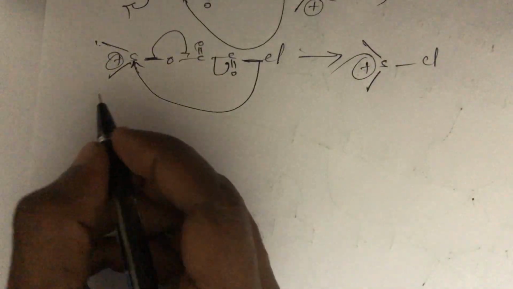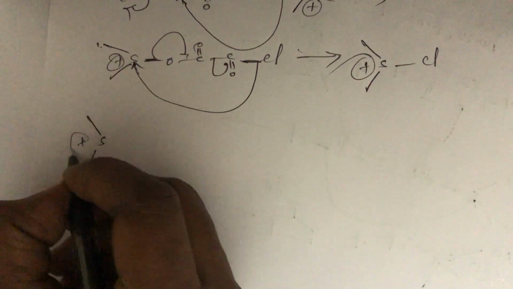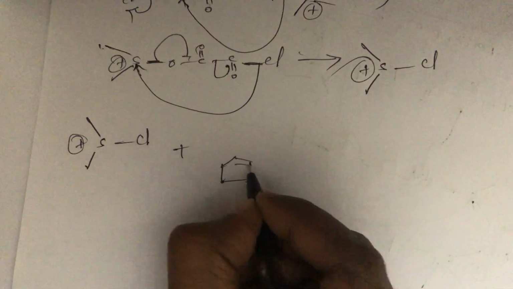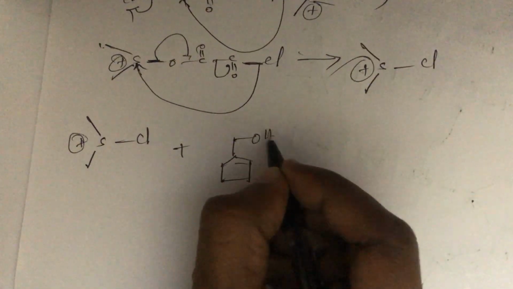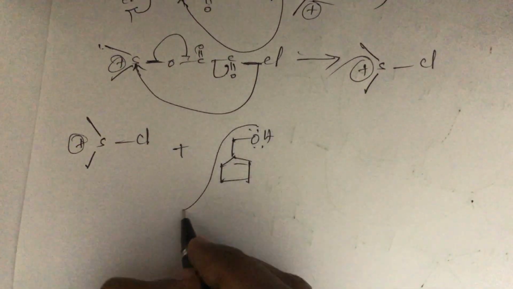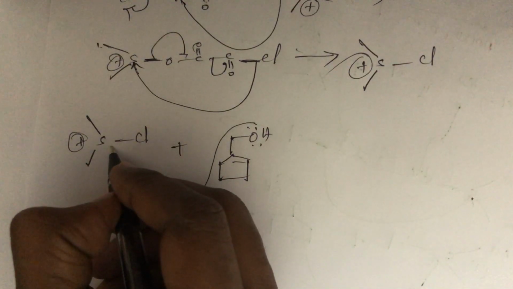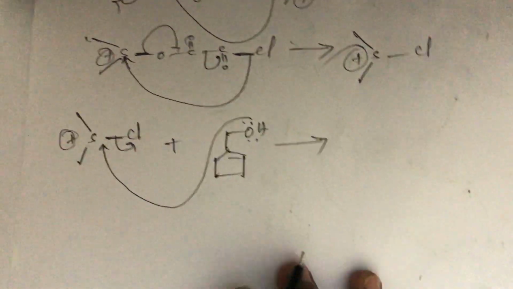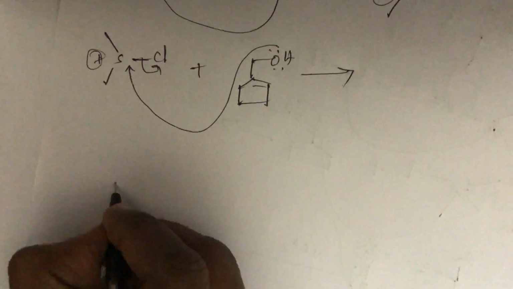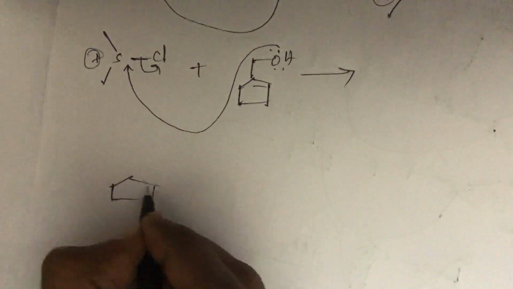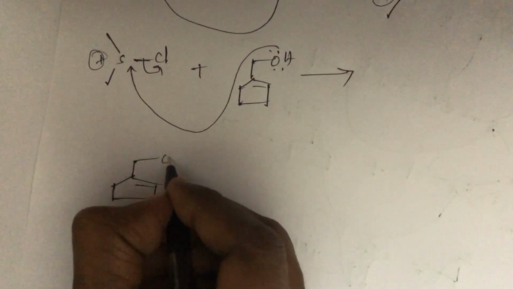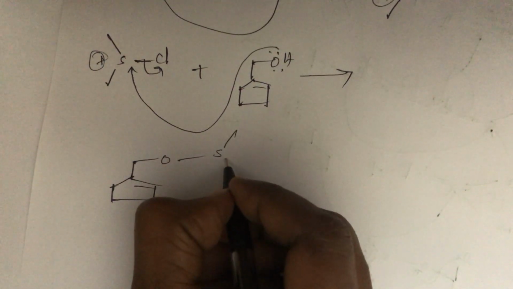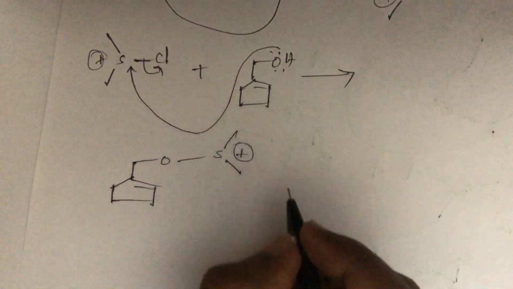In this one, I can write here treated with 5-membered ring. This new lone pair of electrons is migrated toward the sulfur and this bond is migrated here. Then you can get here CH2, here O, here we have a sulfur positive charge.